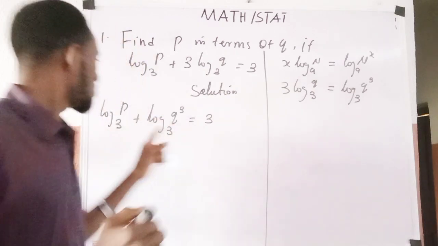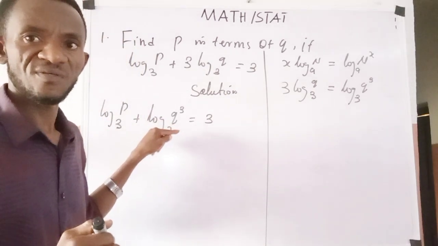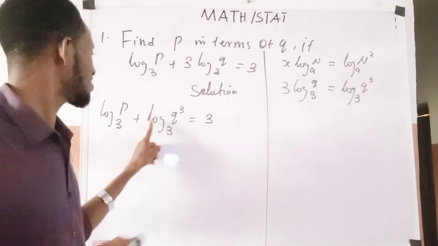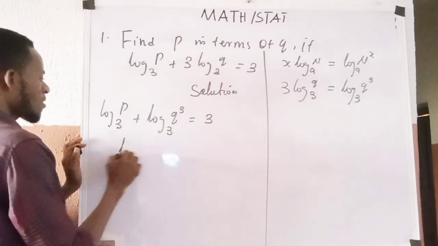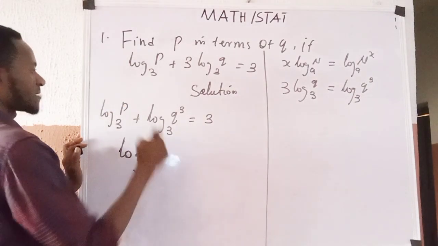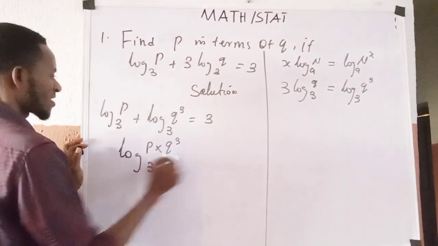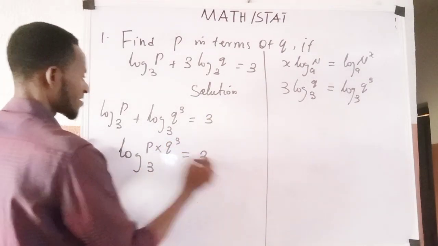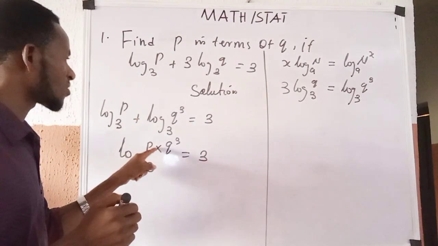Of course, we know in logarithm that addition is multiplication. So what I'm going to do here becomes log of P times Q raised to power 3, base 3, equals 3. Because this addition is this multiplication here.